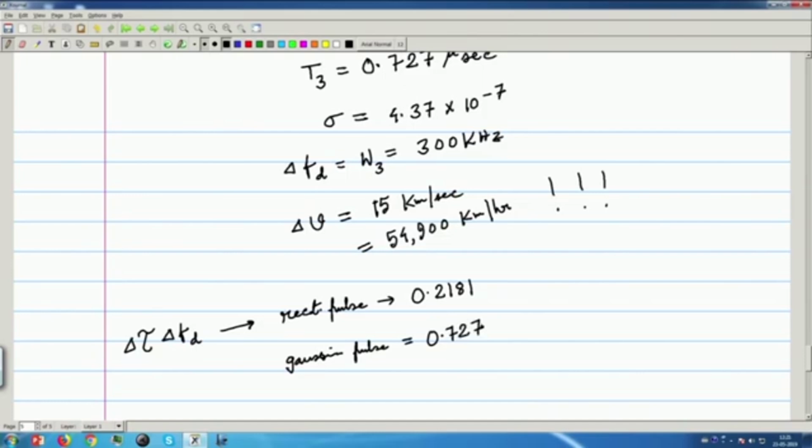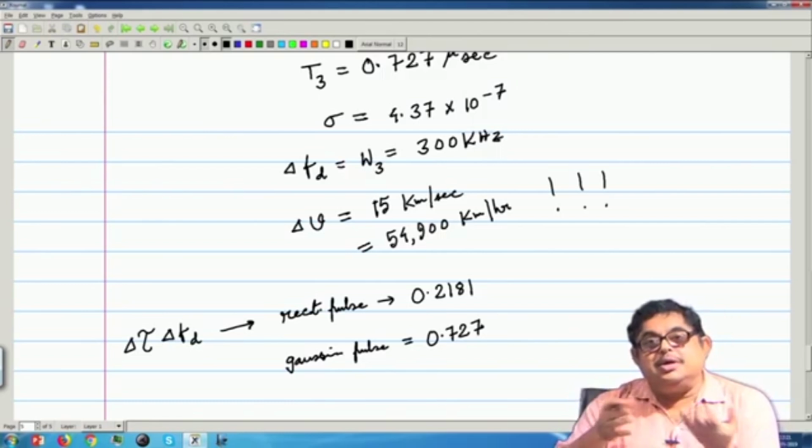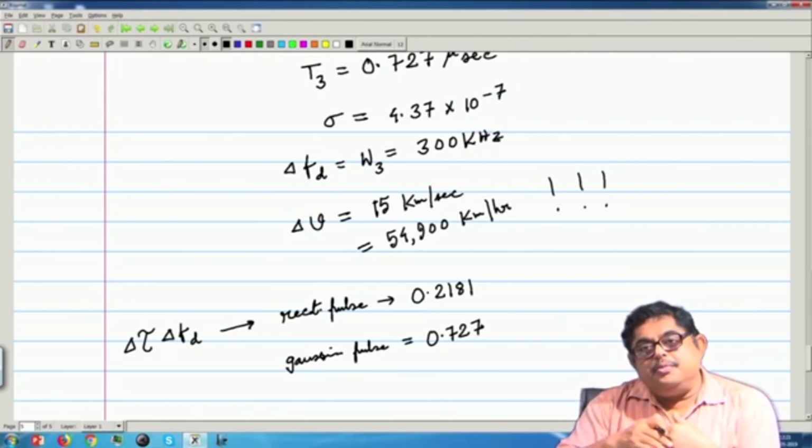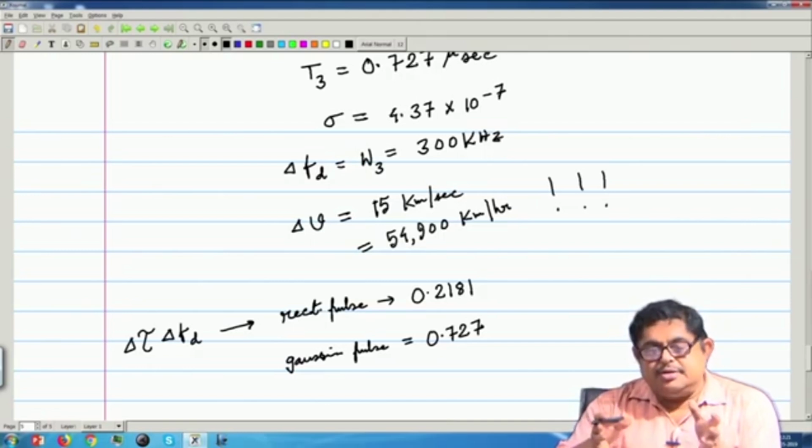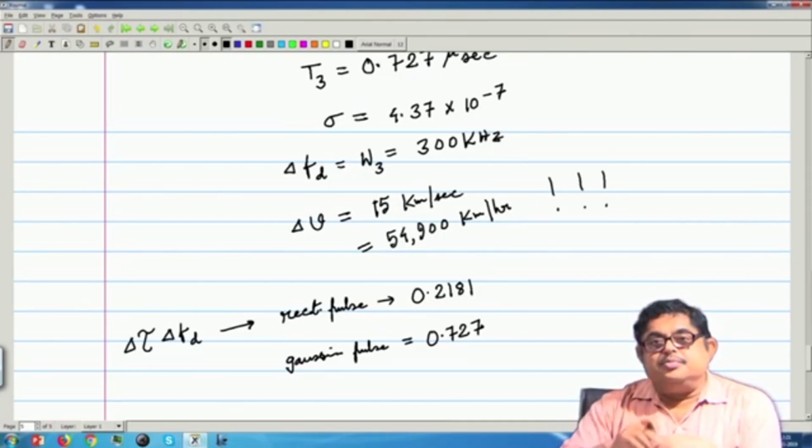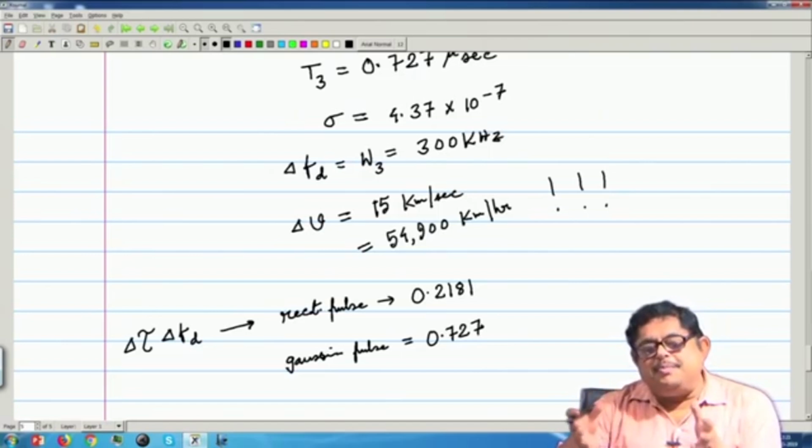So, does it show anything? Till now, no, because we have not theoretically made any performance metrics to get an optimum pulse shape.